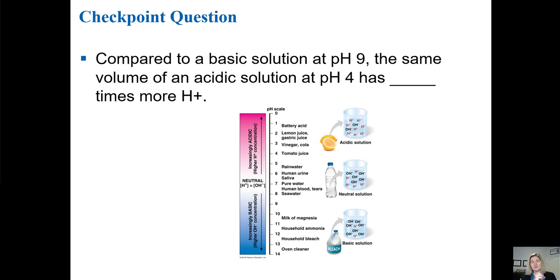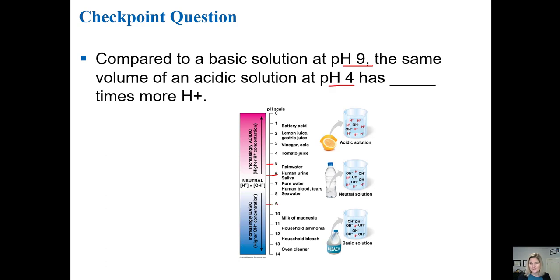If we're moving up the scale towards the 0, we're increasing the hydrogen concentration by a factor of 10. So going from pH 6 to pH 5, there's not just 1 times more hydrogen ion concentration, there's 10 times more. So let's go from pH 9 to pH 4.